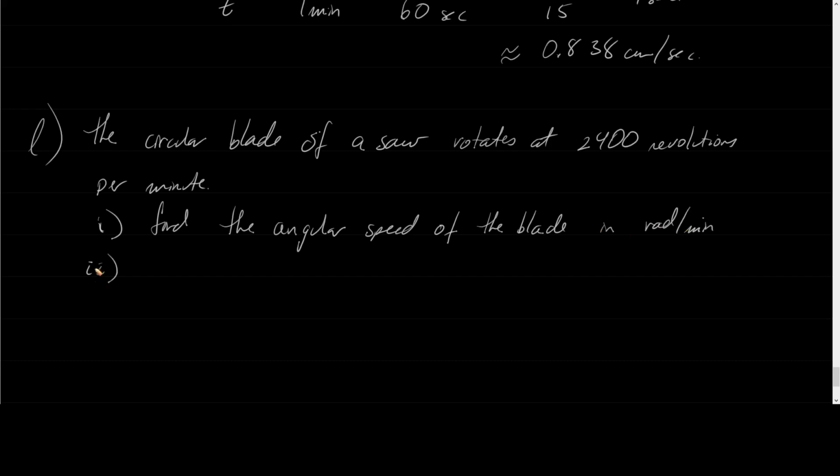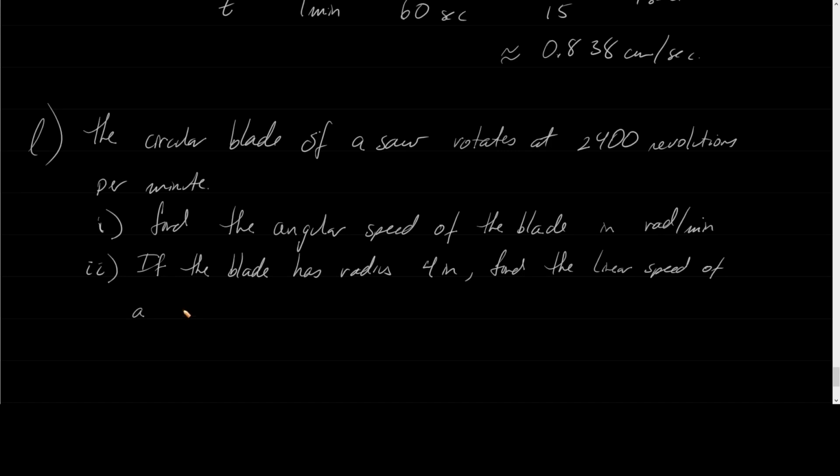And the second question is: if the blade has radius 4 inches, find the linear speed of a blade tip.